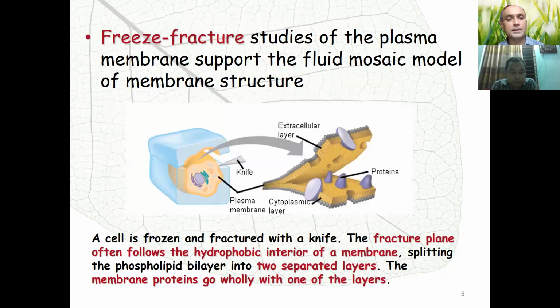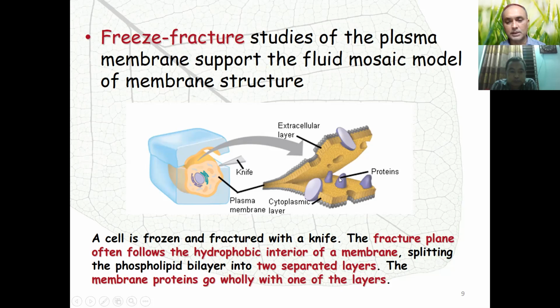Here you can see freeze fracture studies of the plasma membrane support the fluid mosaic model of membrane structure. All of these are drawings, but by using different cell biological studies, for example the freeze fracture study, scientists discovered the real structure of the plasma membrane.